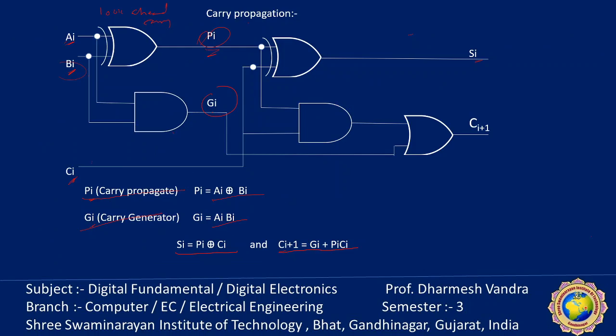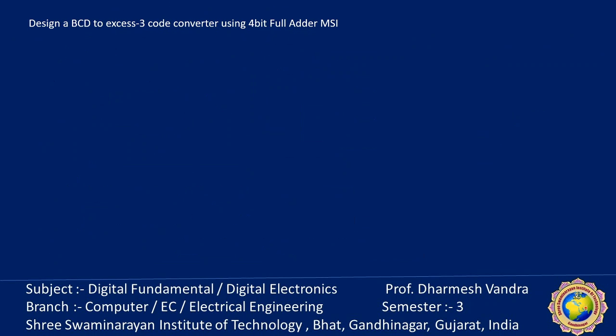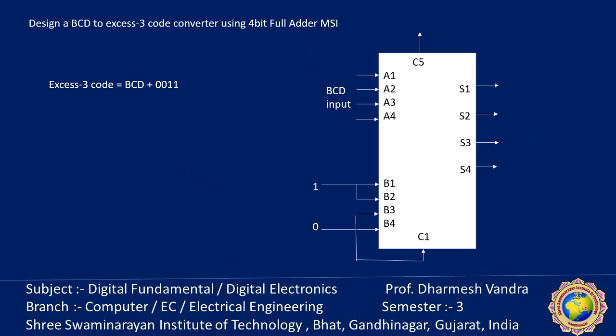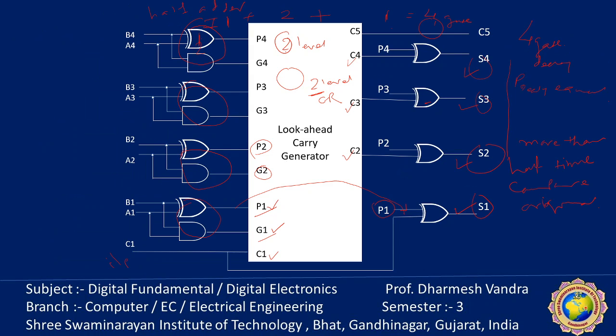In the previous stage, we calculated it requires 8 gate delays plus 1 half adder. So we can reduce the time period very much with the help of the look ahead carry generator circuit.